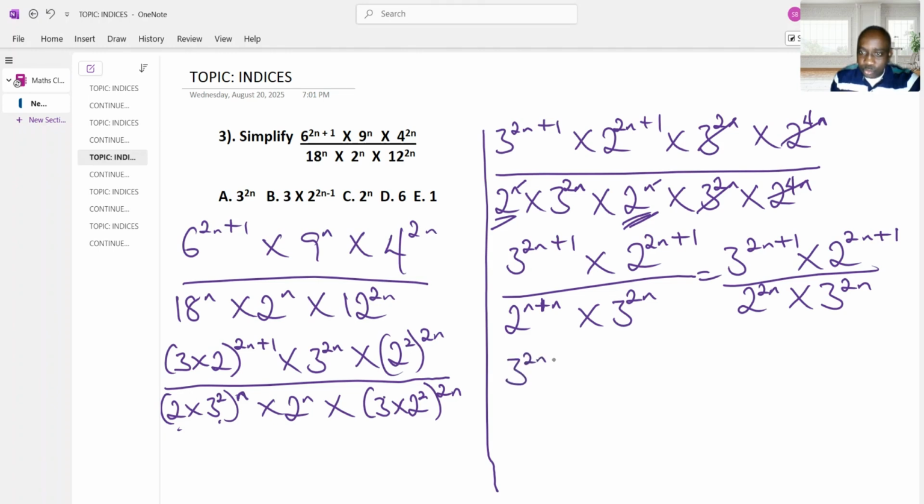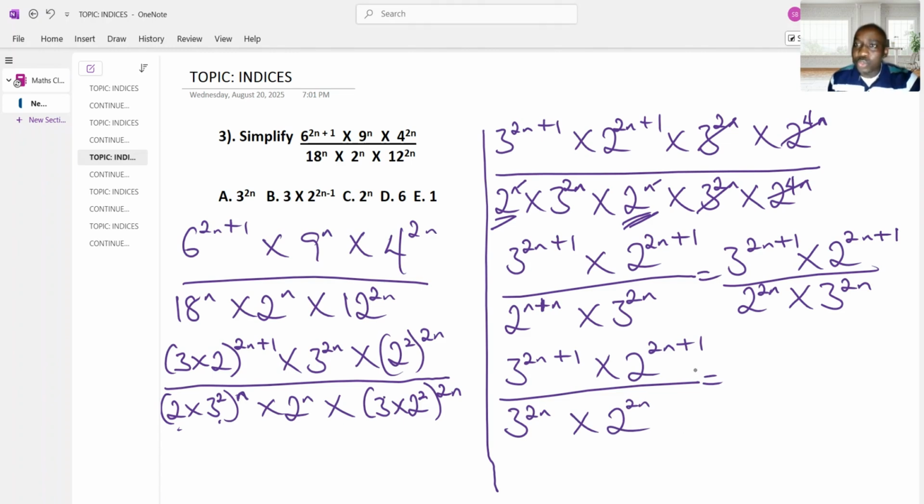3^(2n+1) multiplied by 2^(2n+1) over this 2 raised to the power n. I will first write the 3: 3^(2n) multiplied by 2 raised to the power 2n.